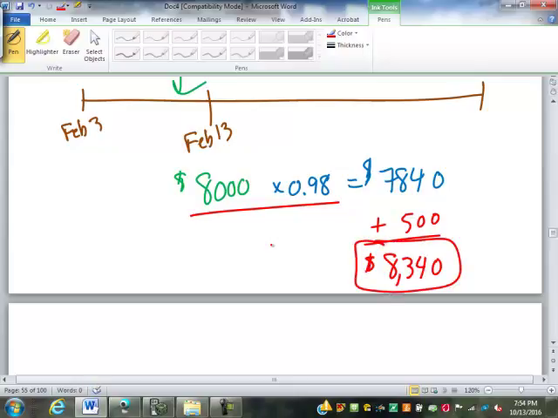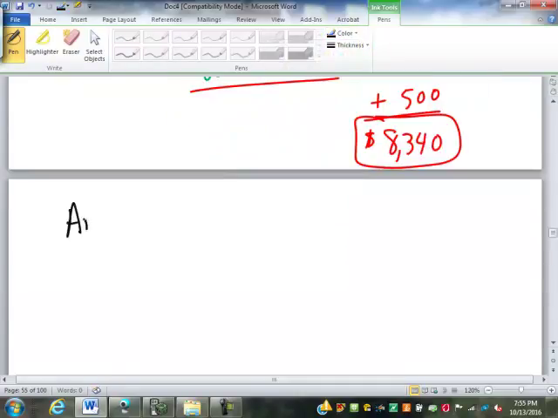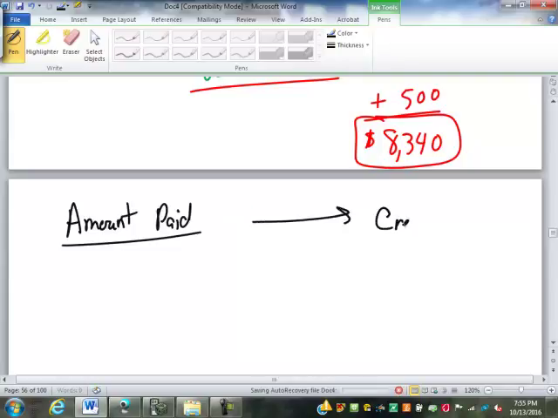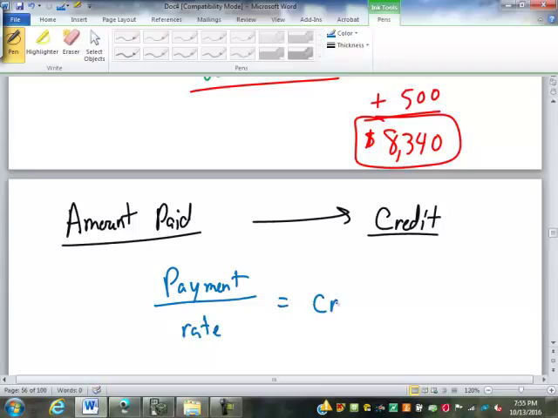I wanted to throw that one in there just because you get in that habit of starting to divide the payment by the discount. You've got to make sure which you're looking at. If we have the amount paid, which is what we had in those first problems before this one, and we're looking for the credit, then it is the payment divided by that rate to get the amount of the credit.